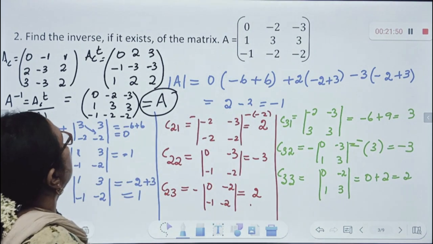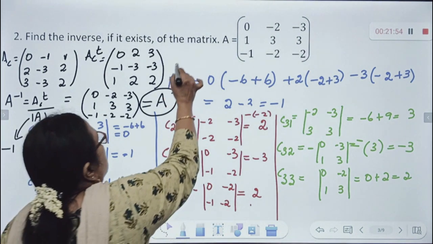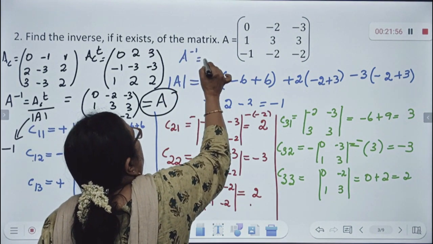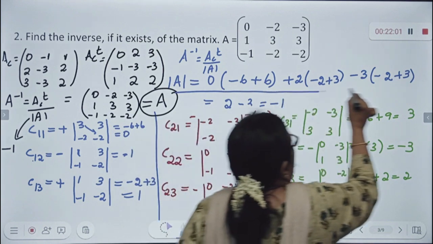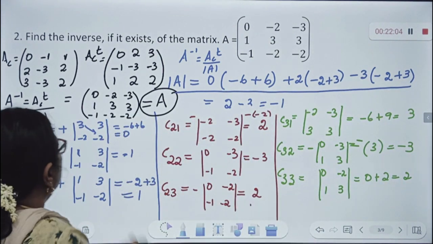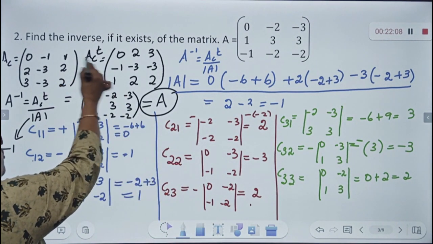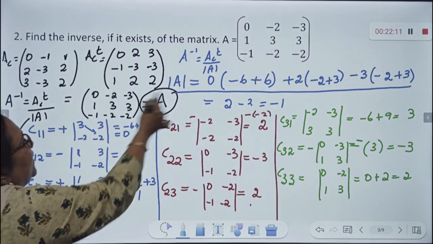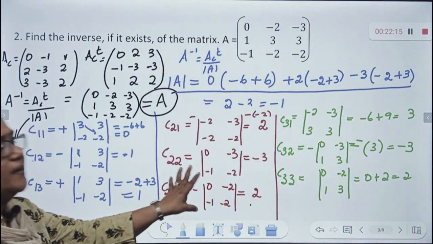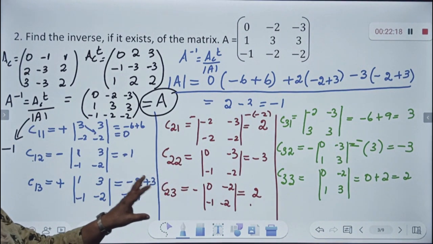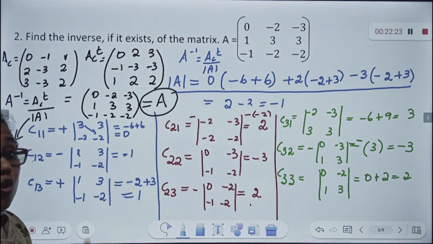Then we also found the inverse of a 3 by 3 matrix. A inverse is AC transpose by determinant of A. So first we found determinant of A. Then we found all the cofactors, wrote the cofactor matrix, looked at its transpose, and then divided by the determinant, and we found that A inverse equal to A. For this particular matrix A, it is so special because it is its own inverse.